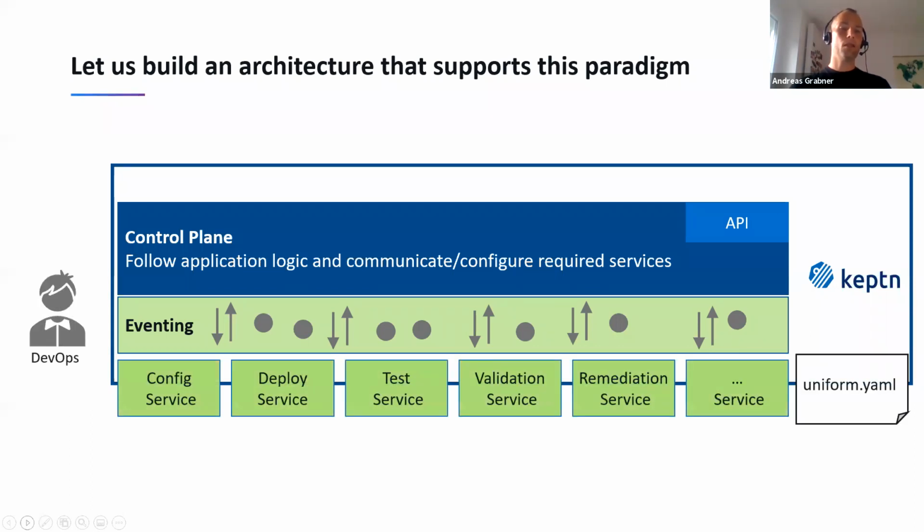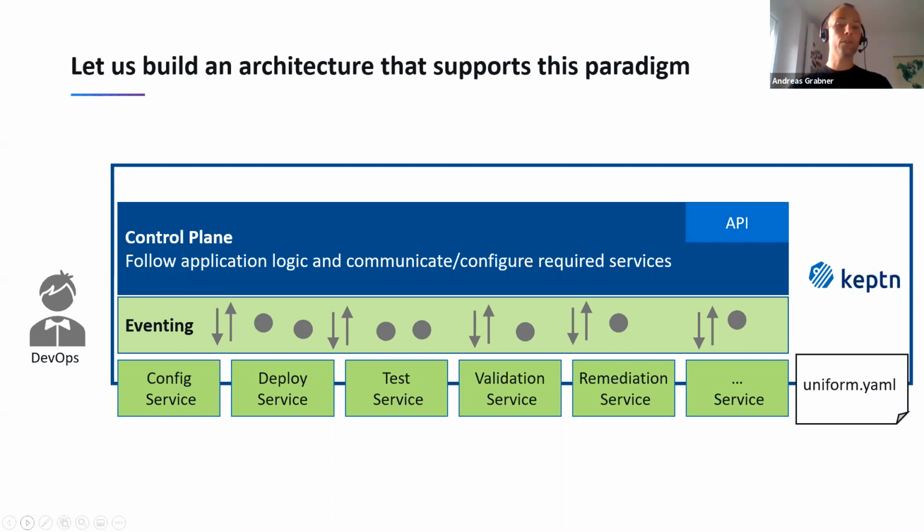Now, the separation of concerns comes in: if you have the control plane, one group in your organization, maybe the DevOps team, is responsible for defining which tools should be used. They can customize Keptn and say, hey, I want to use these particular tools to handle these particular events for these particular types of projects. And in case in a year from now you are switching from one test provider to another testing tool, or from one deployment tool to another, you don't need to change all of your pipelines where this integration is hard-coded.